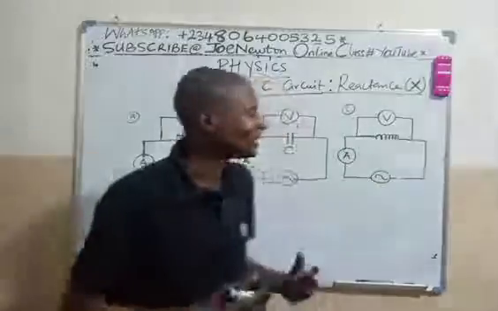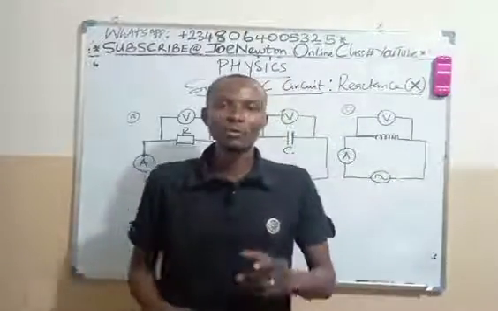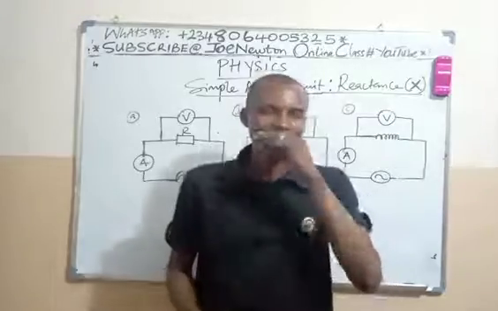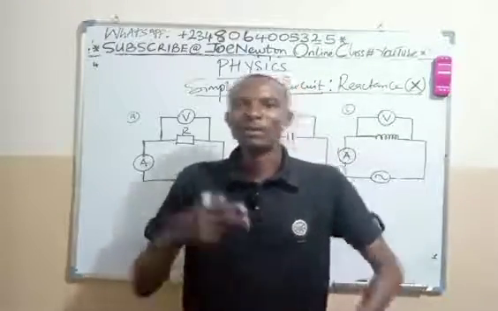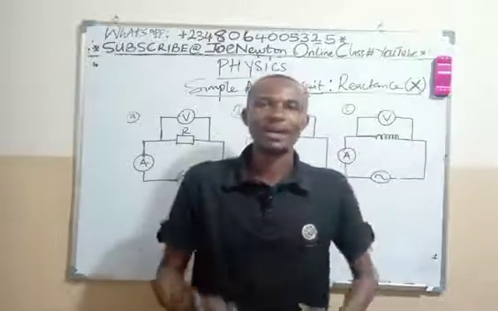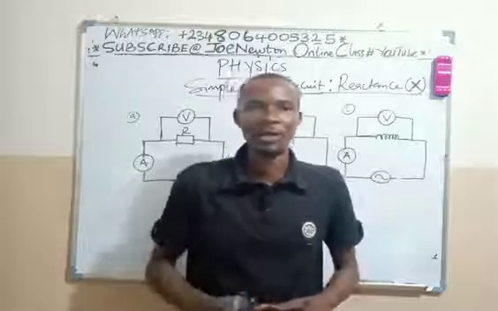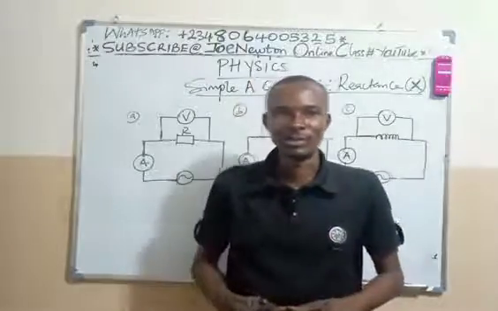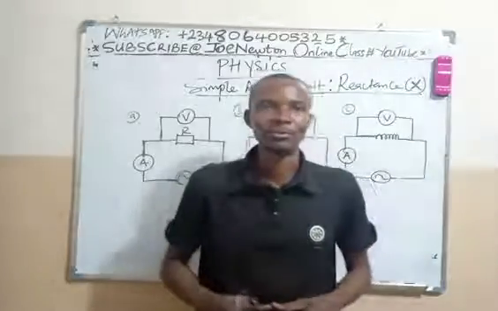When we talk about alternating current, we mean that current that varies periodically so that its direction reverses periodically. That is an alternating current. Remember, we still have direct current, the current that flows in one direction.